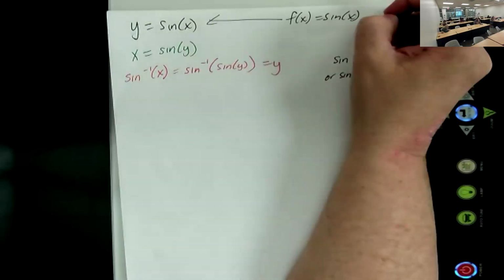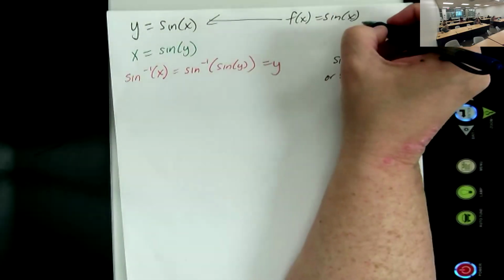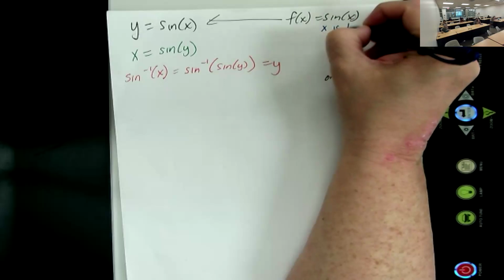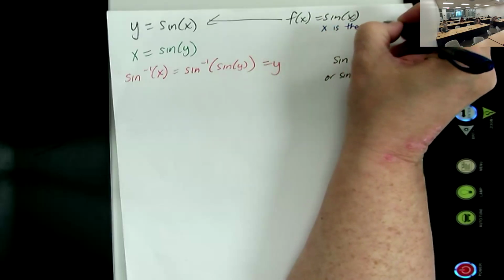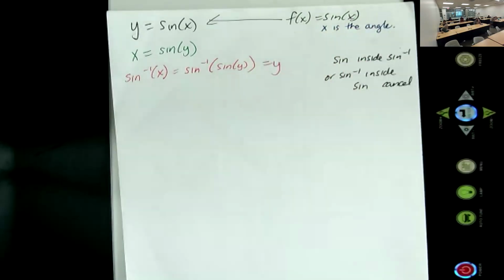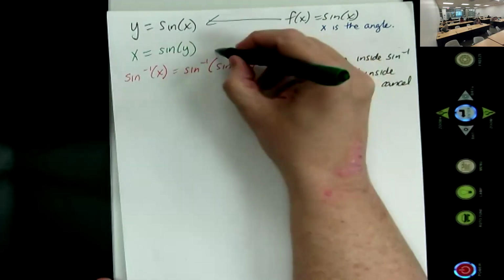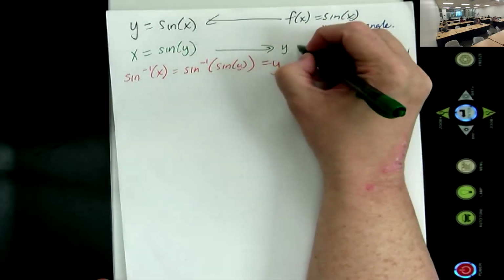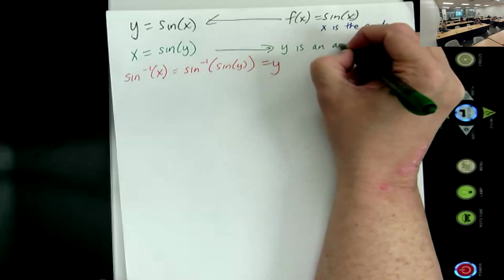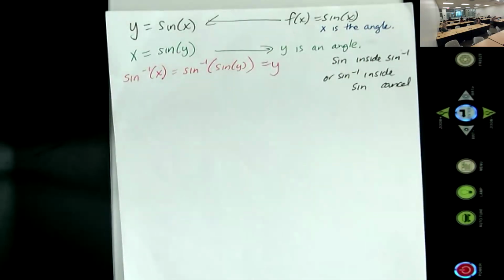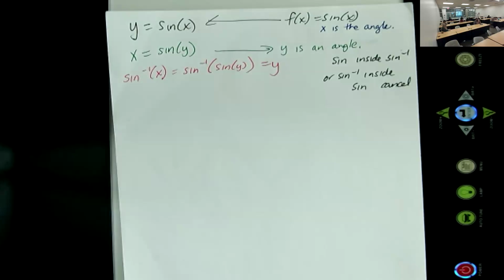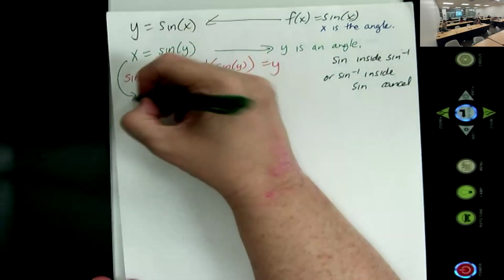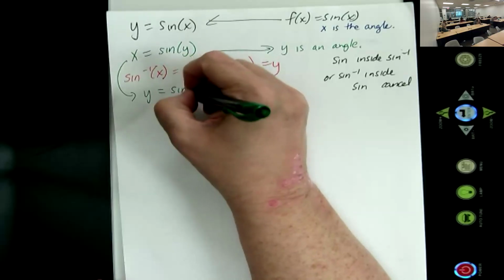In this one, sine x, x is the angle. So when we swap them, y is an angle here. That's important to remember, because you don't really see it when you're looking at the finalized version. Y equals sine inverse x.